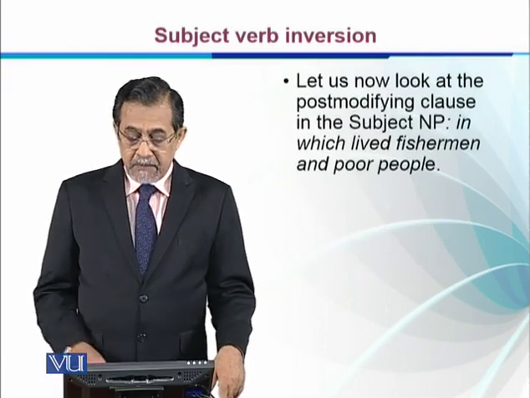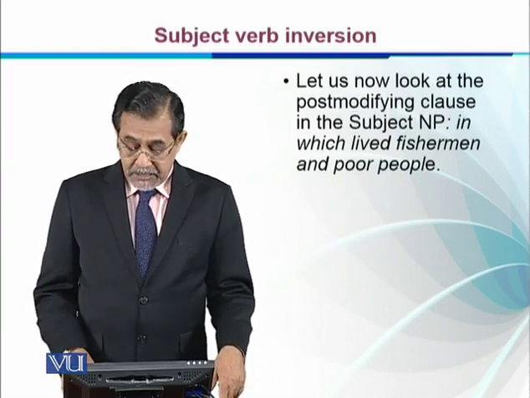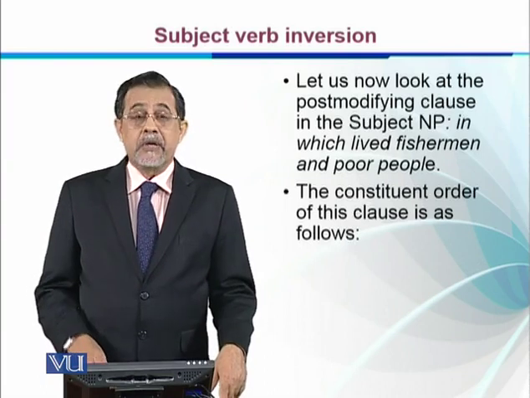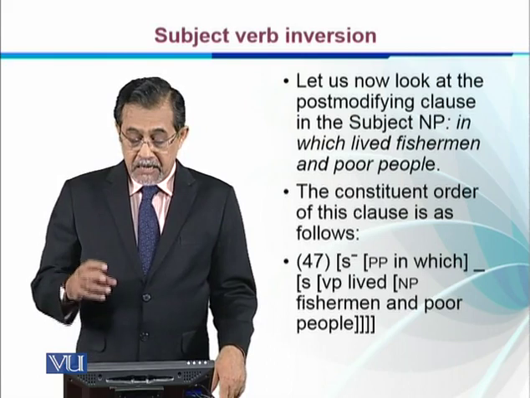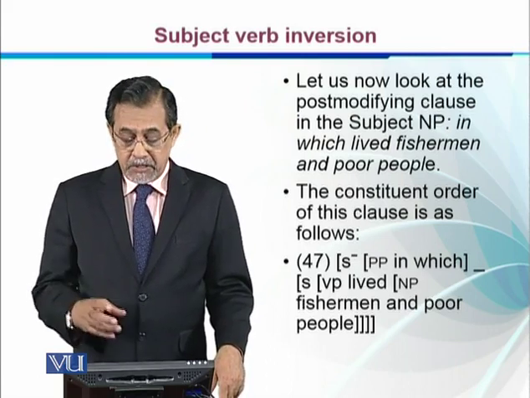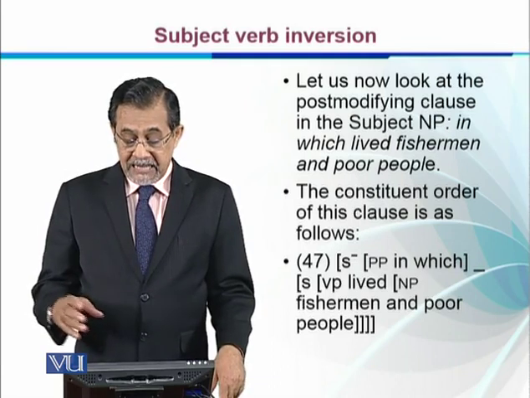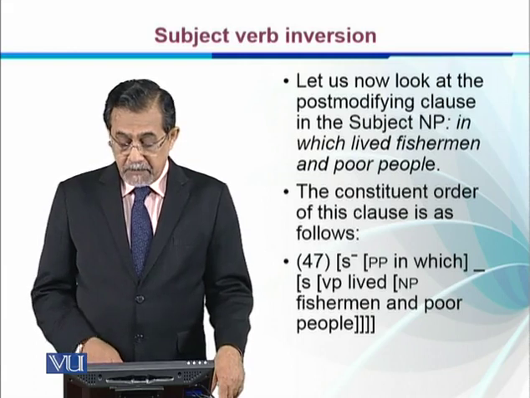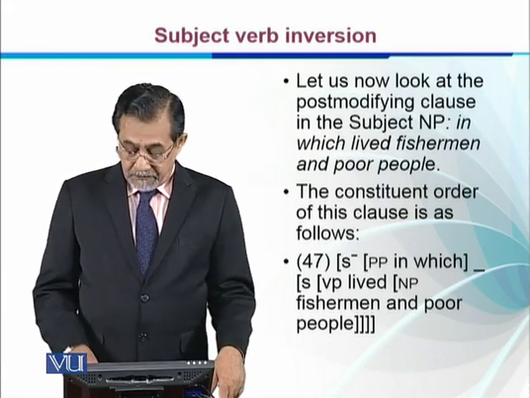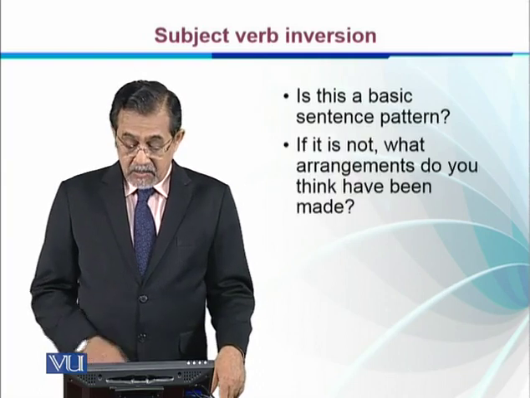Let us now look at the post-modifying clause, in which lived, etc. The constituent order of the clause is as follows. We have S-bar, prepositional phrase in which, and then we have the verb phrase lived, and the noun phrase fishermen and poor people. So this is the structure of the clause. Is it a basic sentence? Obviously not, right?